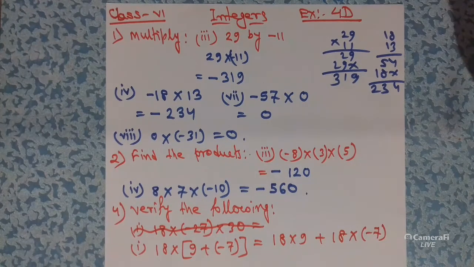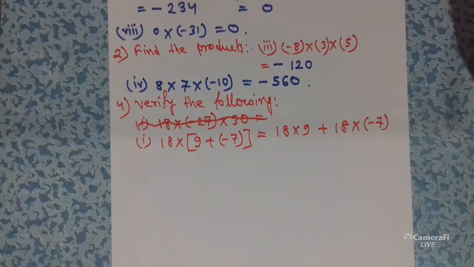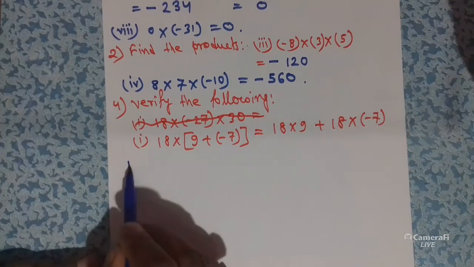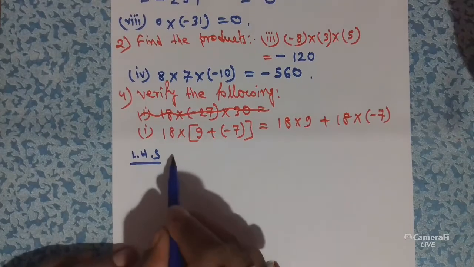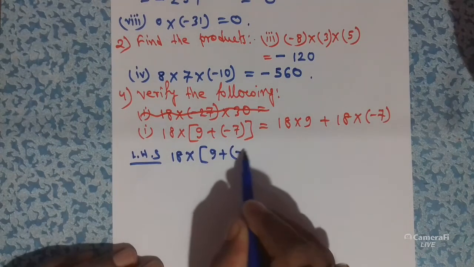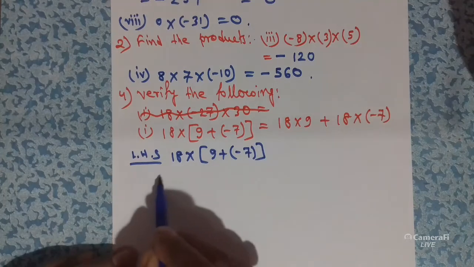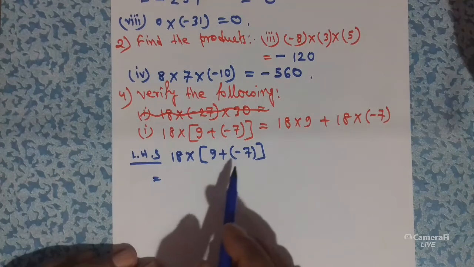Now we have to verify. Verify means we have to prove that the left hand side is equal to the right hand side. At first we have to calculate the left hand side. The left hand side is 18 multiply 9 plus minus 7. At first we have to solve the numbers in the bracket.